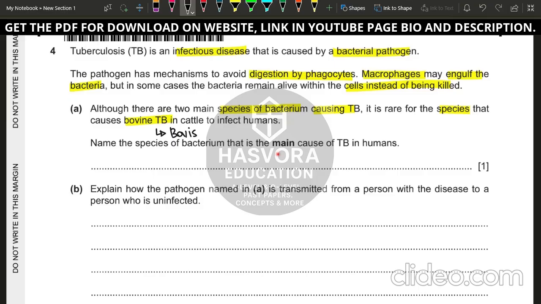Name the species of the bacterium that is the main cause of TB in humans. The bovis variant causes TB in cattle, so in humans we have Mycobacterium tuberculosis.